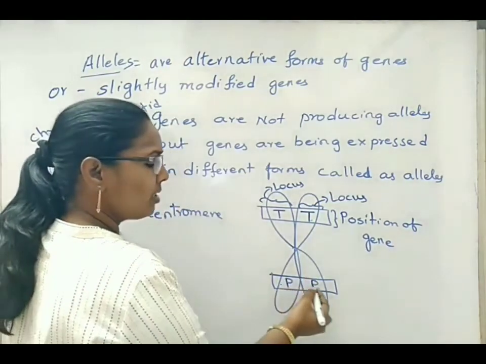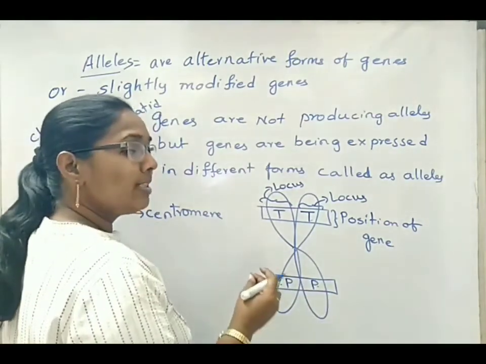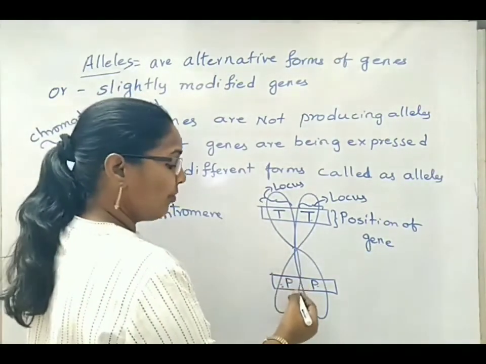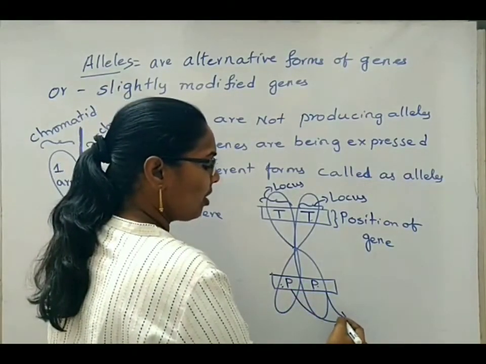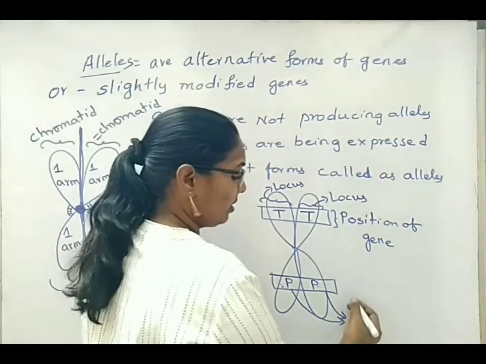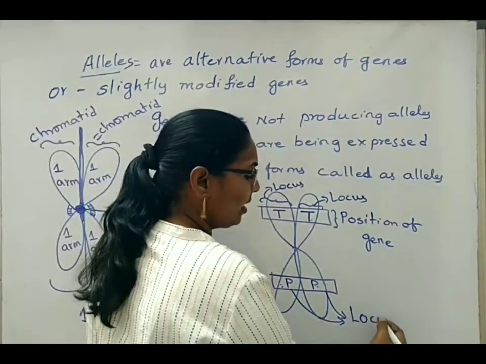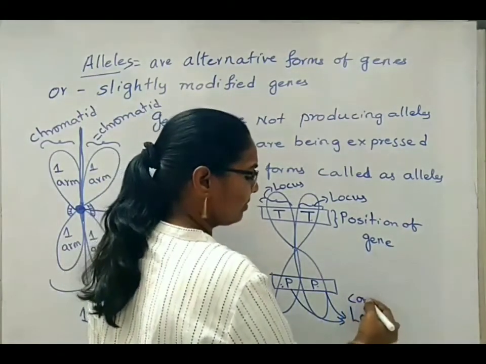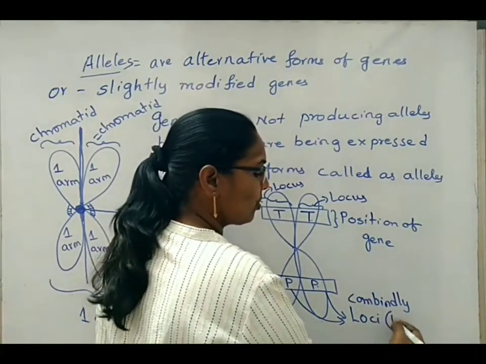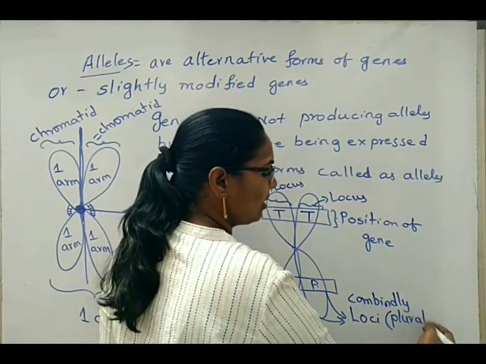This is one locus, this is one locus. Locus is a singular term, but there are two loci. When we are writing about the plural form of the positions of the alleles in a chromosome, these both combined are called loci. Loci is a plural word.